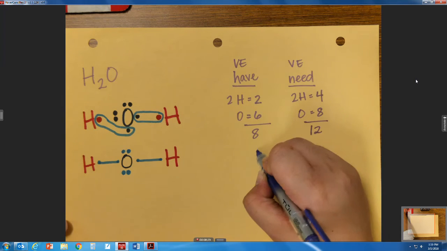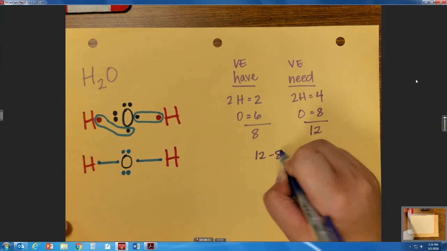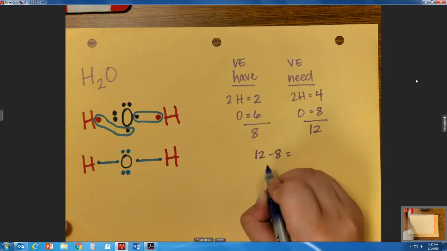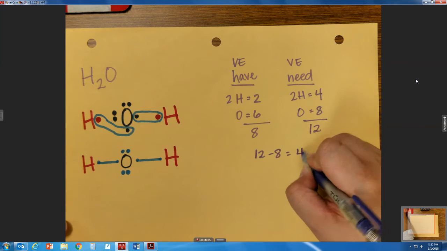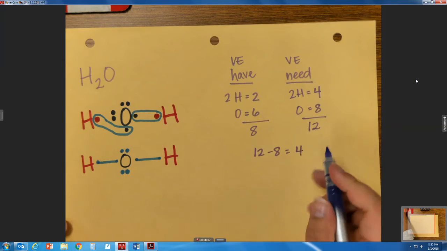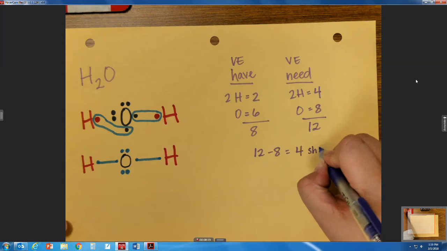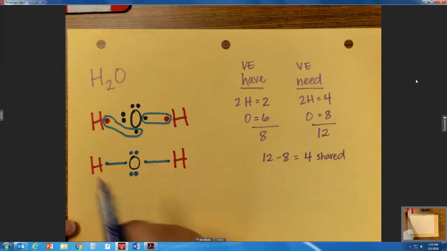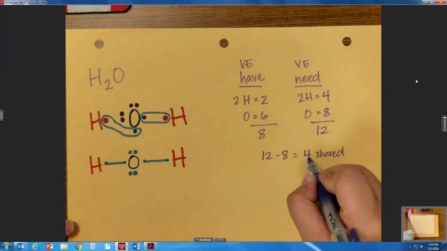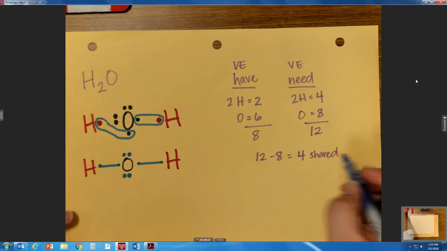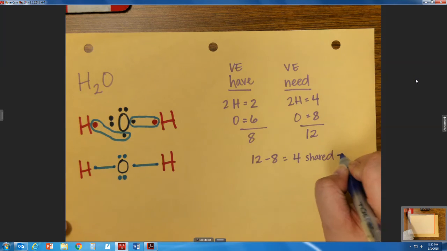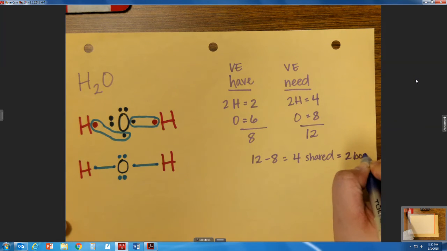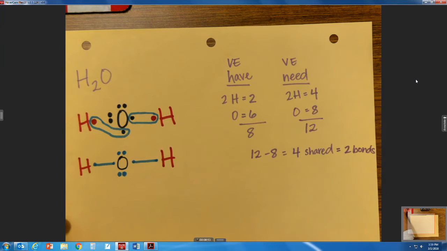So if we need 12 and we only have 8, then that means 4 electrons are going to be shared in water. Because that's 4 valence electrons being shared, that means we have 2 bonds for our central atom.